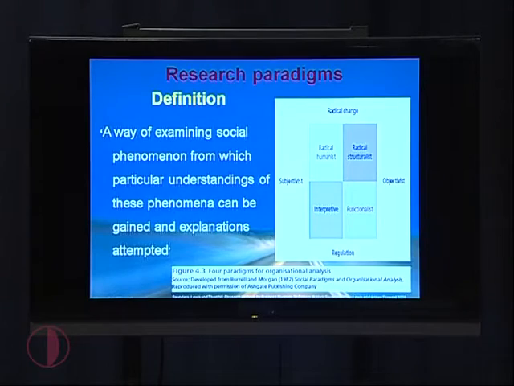One way is the paradigm, a way of improving theory or generating theories, like a 2 by 2 matrix of radical change, objective, subjective, and regulation, to study these aspects from different points of view, from which a particular understanding of these phenomena can be gained, and an explanation attempted for organizational analysis.